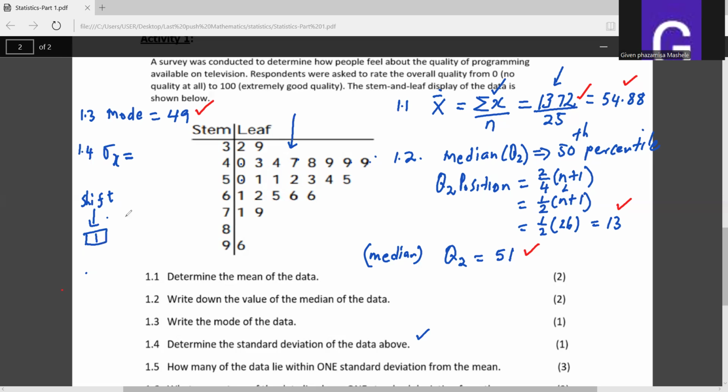So once you press shift 1, it will take you back to the information. 1 is for type, 2 is for data, 3 is for the sum, 4 is for the variable, 5 is the minimum or maximum. It depends on the calculator. But this time around, we want var, variable.